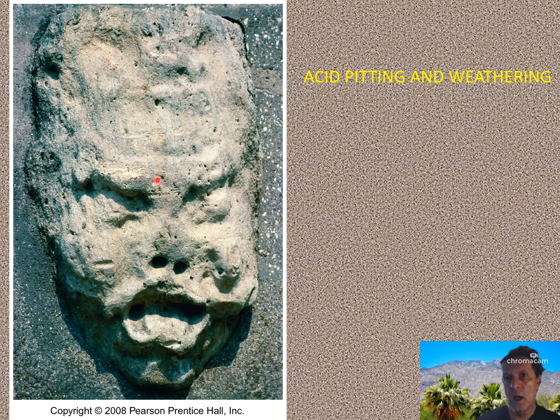This means that through time, rainwater, which is slightly acidic, attacked this face over many, many years, started dissolving it through acidic attack. The atmosphere contains carbon dioxide, and rainwater combines with carbon dioxide to form carbonic acid. That's the main culprit here.